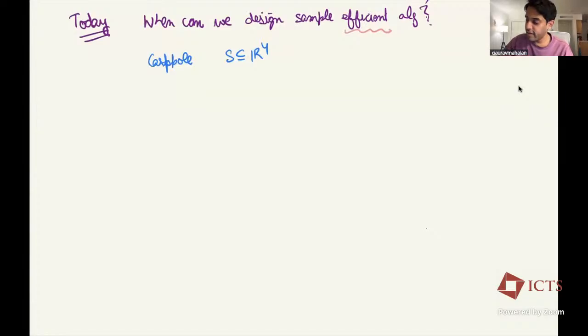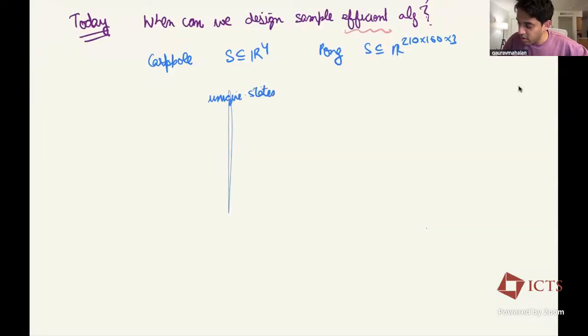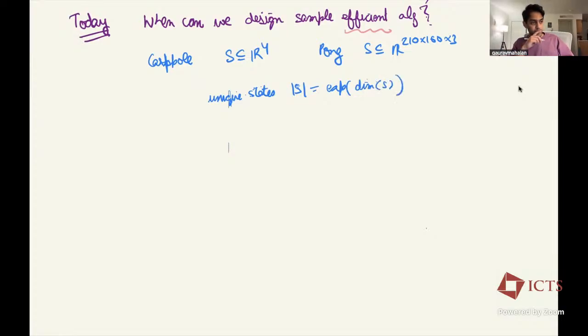If you look at how many unique states there are, they are of the order exponential in the dimension, because you have to cover all of them. But that's a huge number.